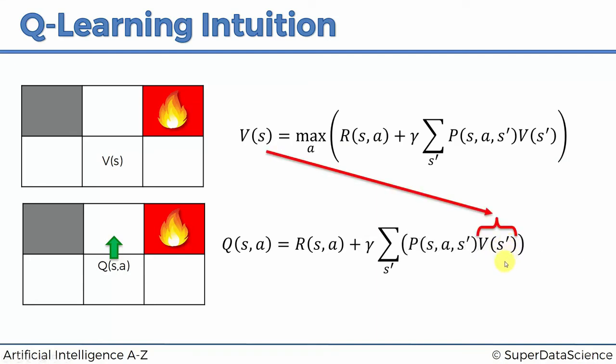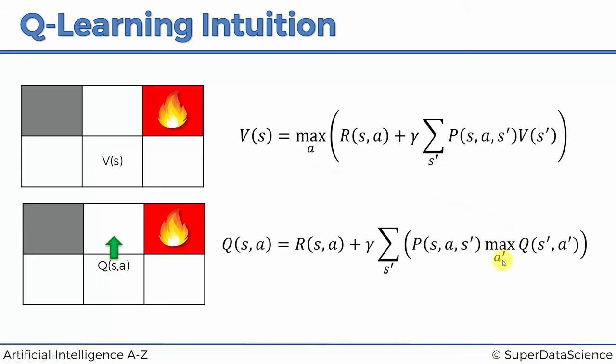So now we've got the maximum across all A primes, the actions that we're going to take from this state or from whichever other state we end up in. And the maximum is of all of the Q values available to us in that new state, S prime, comma A prime. So there's going to be another 4 Q values there.